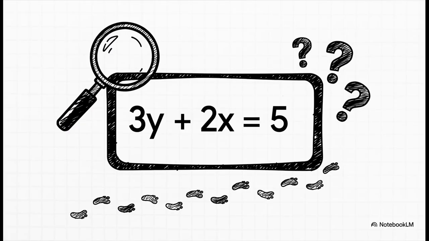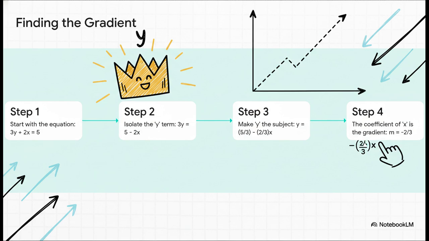So here's our first challenge, taken straight from our source material. We've got the equation 3y plus 2x equals 5. The gradient we're looking for is hiding in there somewhere, so let's go find it. Here is the golden rule, the one thing you have to remember. To find the gradient, y has to be all by itself on one side of the equation. So our whole job here is just to get y alone.